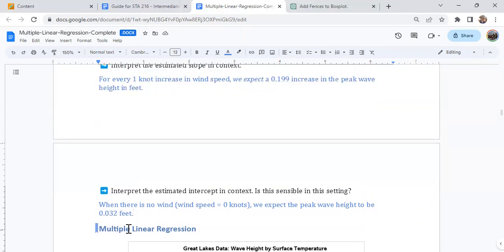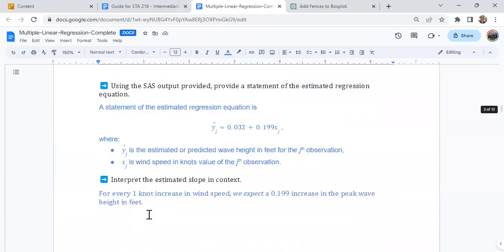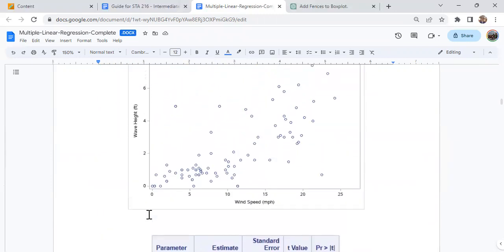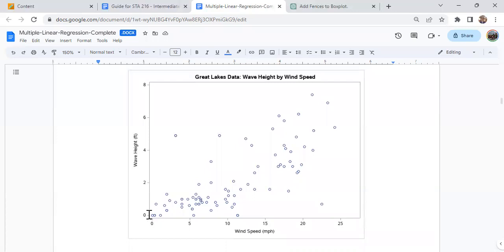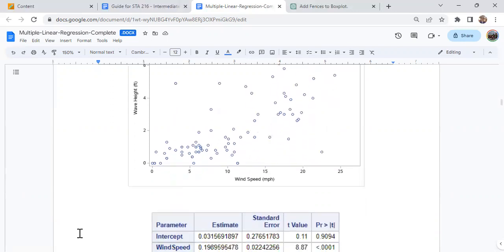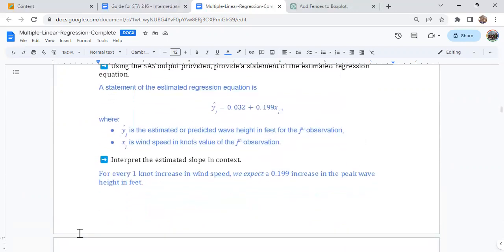It's sensible from a practical perspective. What about from a perspective of extrapolation? Thinking back to what that means, there's some data points at 0, so actually extrapolation is not a problem here either. So this intercept is good to interpret.